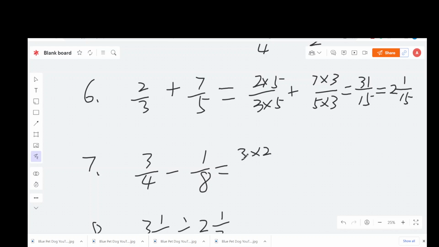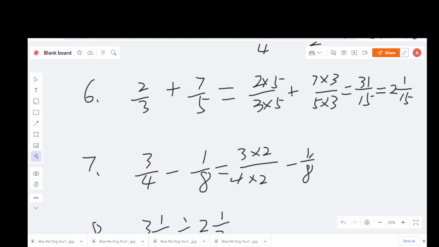Don't forget, when you make the change here, you want this new fraction equal to the original fraction. The numerator and denominator must times the same number at the same time. Okay, here 3 times 2, 4 times 2.